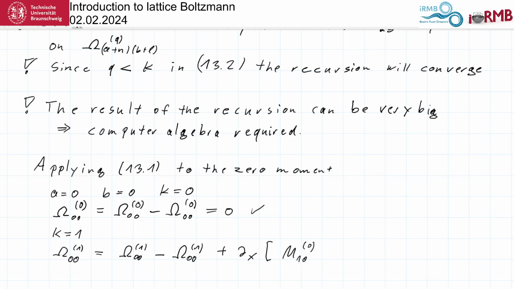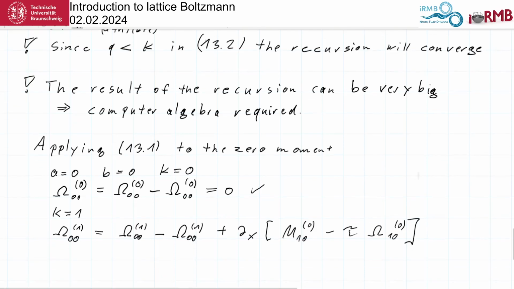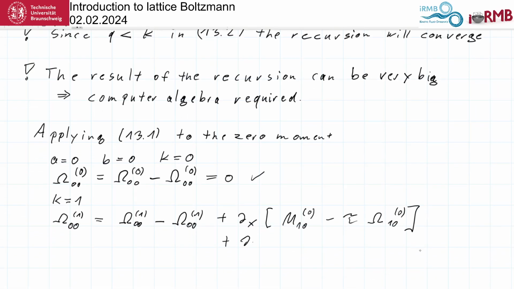So this moment must be 0, because the additional order comes from the derivative. So in order for this to be first order, the moment itself must be 0 order, minus tau omega 1,0, and this again to order 0, plus dy m 0,1 equilibrium 0 minus tau omega 0,1,0.